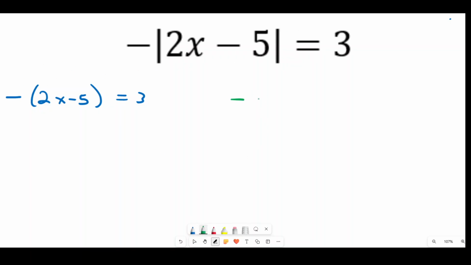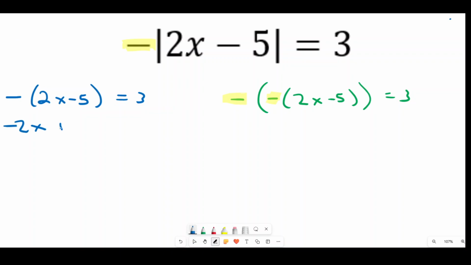And I'm also going to replace what I have with 2x minus 5 with this extra minus in front. So just a reminder, this is the minus sign that I'm introducing because of absolute value math. This negative sign is that one. So obviously together they'll make that a positive. But first let's go here.